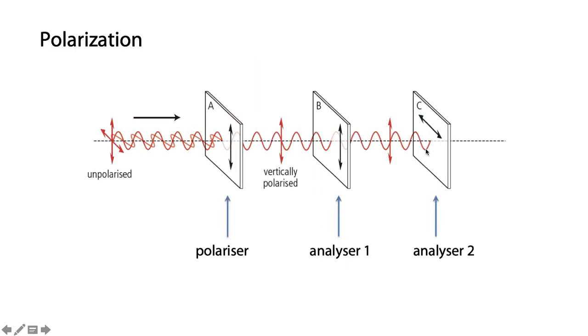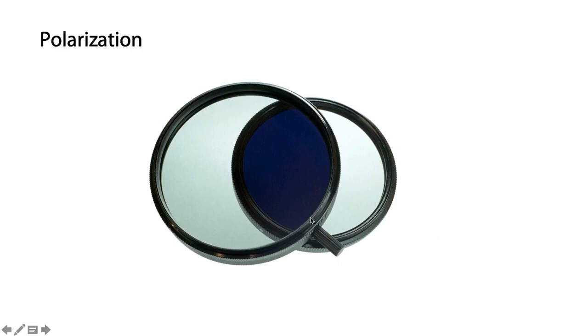And that's what's happening in this picture here. These two polarizers are at different angles. They're not at 90 degrees to each other, because if they were, this would be completely blacked out, but they are significantly different, so only a very small amount of light is able to pass through.